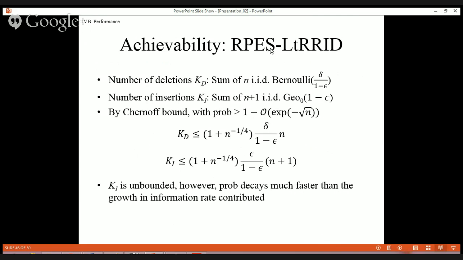In the achievability for the random model, we first show that the number of deletions and insertions can be concentrated by Chernoff bound, because the number of deletions is a sum of n IID Bernoulli random variables, and the number of insertions is a sum of n plus 1 IID geometric random variables.